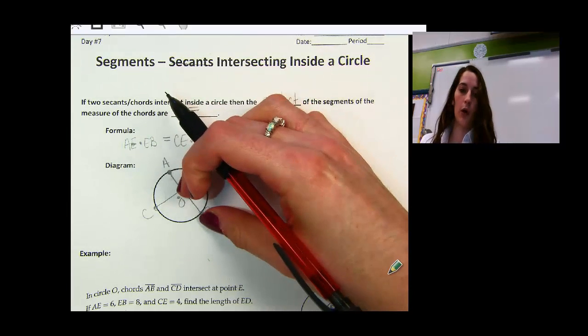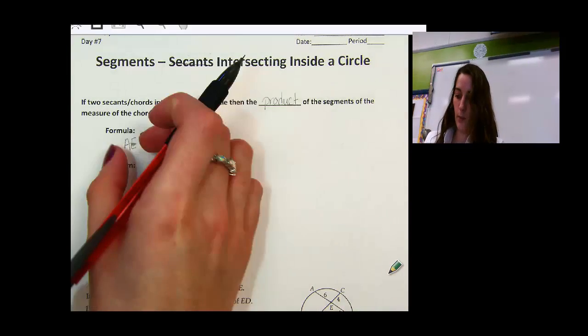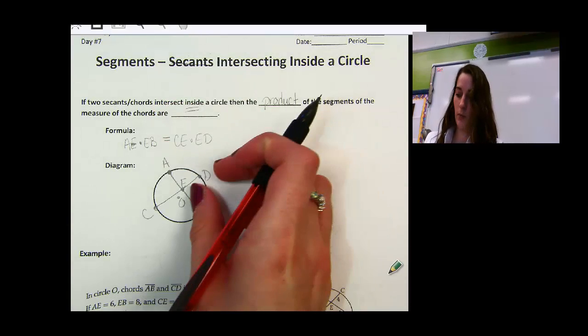So each piece of the chord multiplied together is equal to each piece of the chord multiplied together.